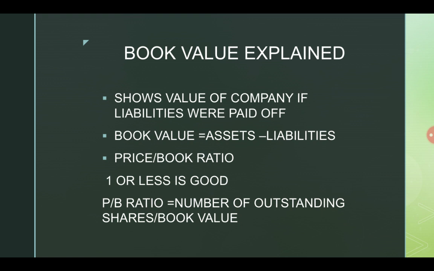Now just some information: the S&P 500 is currently trading at almost 3 times book value. You calculate the price to book ratio by taking the share price and dividing it by the book value per share, and that's how you get your price to book ratio.